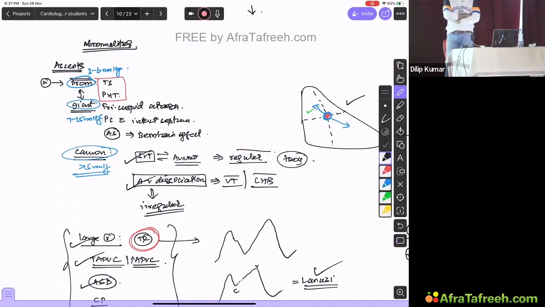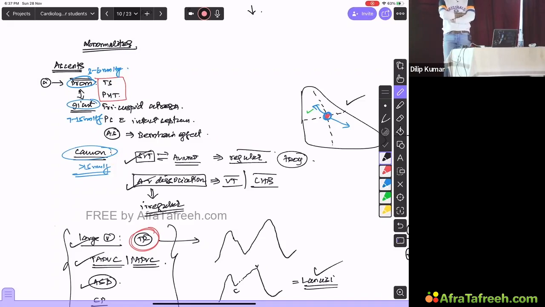Then large V wave: TR and probably constrictive pericarditis. You can see it in CP also. So TR again. Then Kussmaul sign, constrictive pericarditis. Prominent Y descent, constrictive pericarditis.